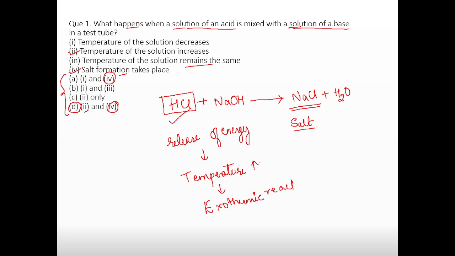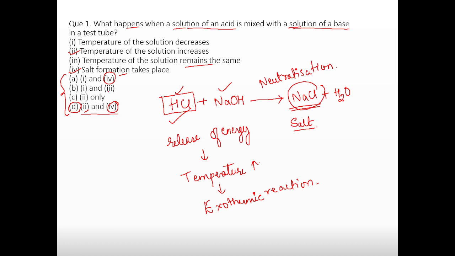Along with this, the name of the reaction where acid and base react to form salt is known as a neutralization reaction. I hope it is clear, right? So these are the things which you should remember. If you remember this, you'll be able to answer the question very easily.